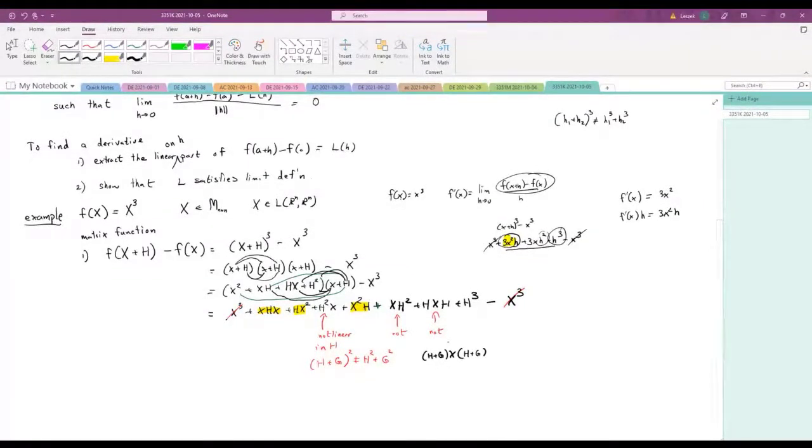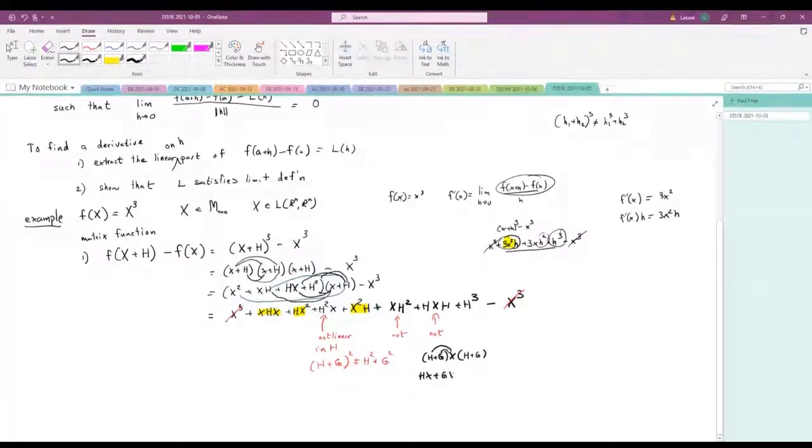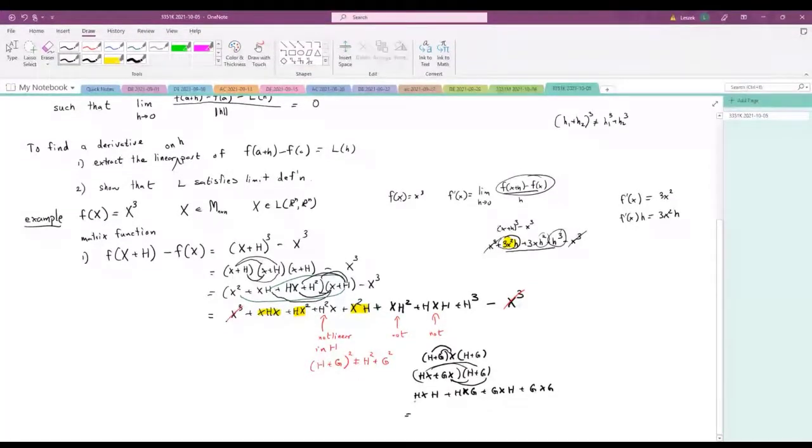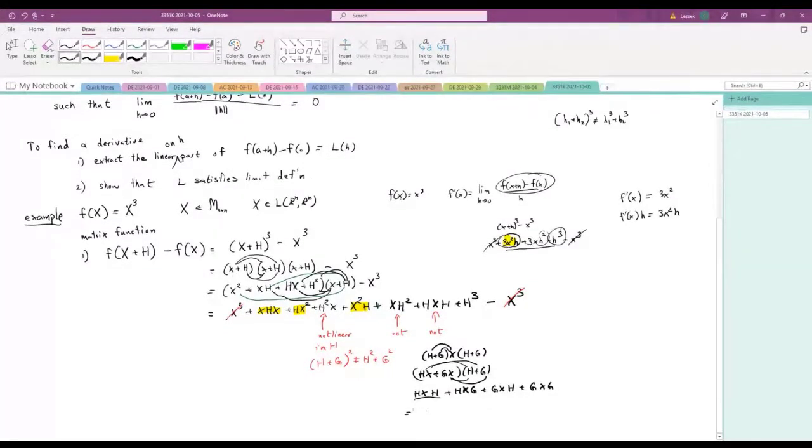So here I'm going to let x multiply h from the right. Likewise g. Okay. So that is not the same as hxh and then gxg. Okay. So that's not linear, and obviously neither is the cubed.